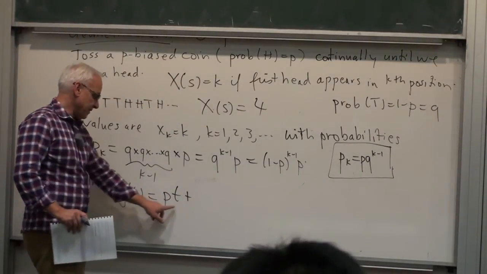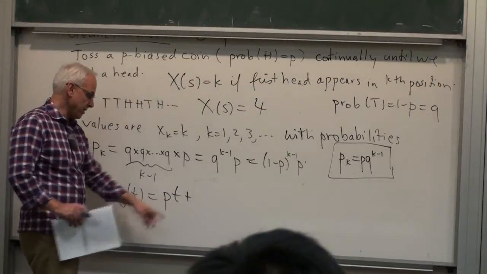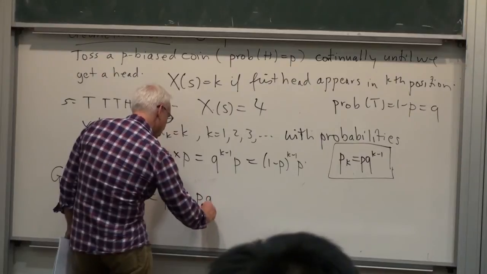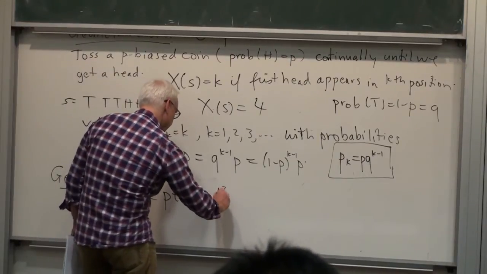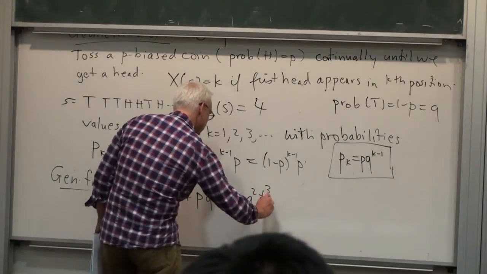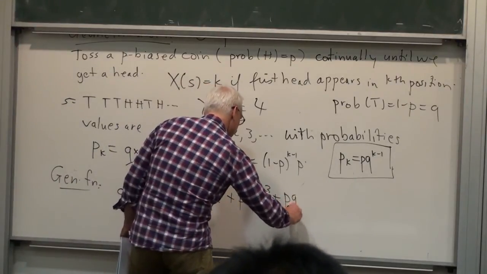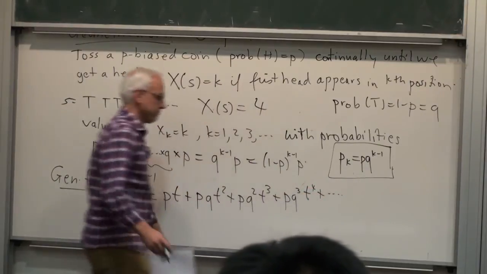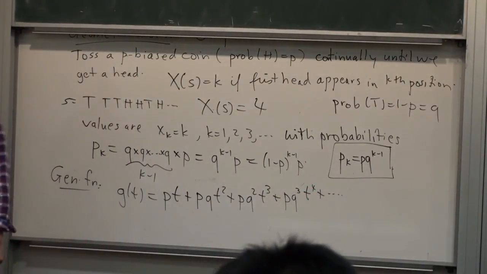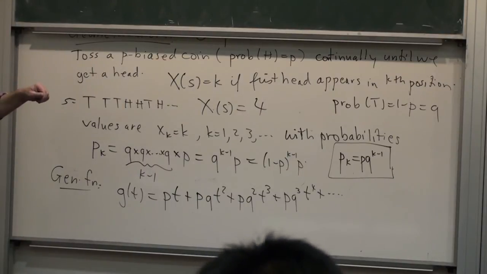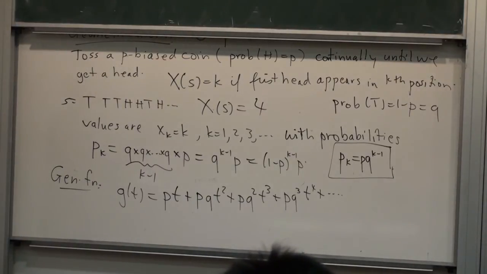So that's p, the first term, p_1 times t. p_2 is p times q times t squared, and then p times q squared times t cubed plus p q cubed times t to the fourth, and so on. And this one doesn't end because theoretically you could consider very large values of k as well.